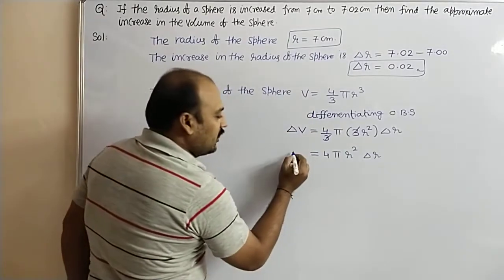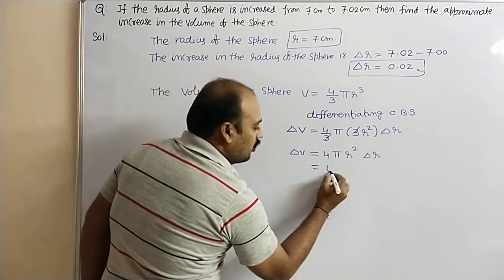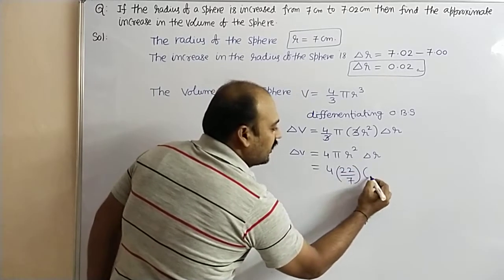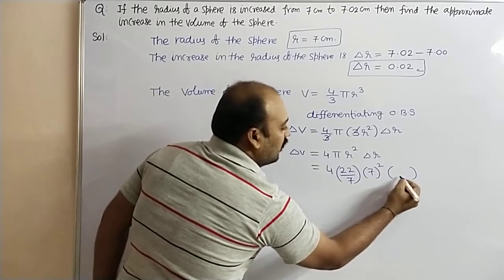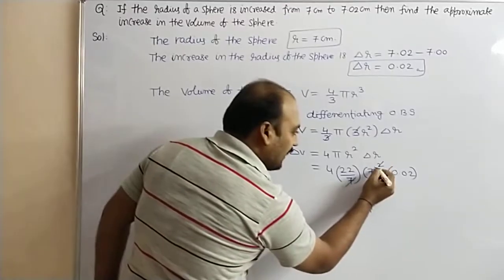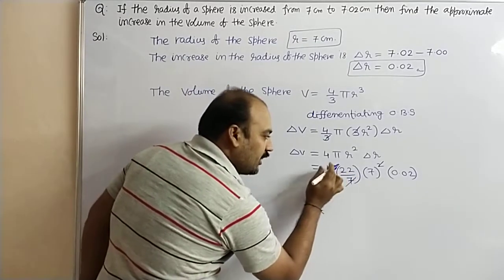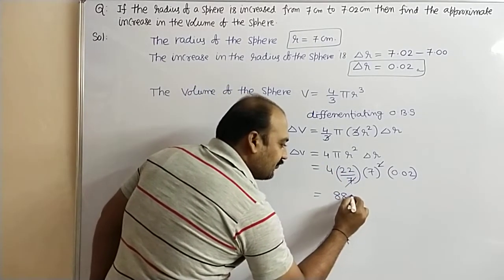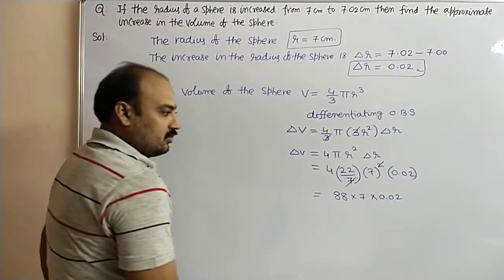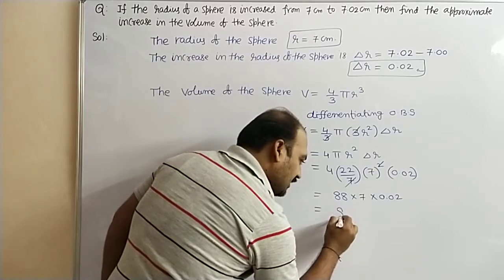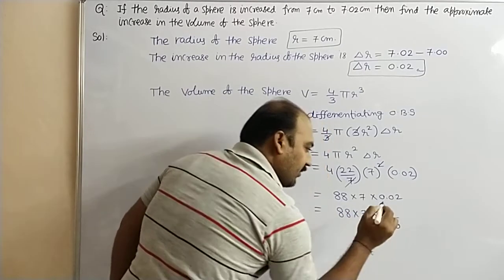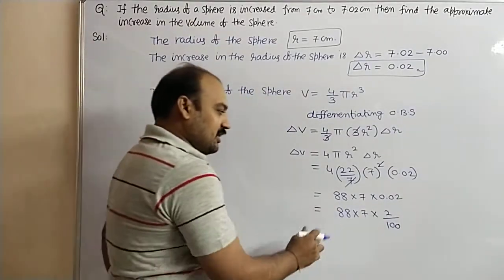All the values are there now. Substitute. So delta V equal to 4 into pi, which is 22 by 7, into r square, 7 square, into delta r 0.02. So one of the 7 will be cancelled, which is equal to 22 into 4 is 88 into 7 into 0.02. So we can write it as 88 into 7 into 2 by 100. After that we can multiply.